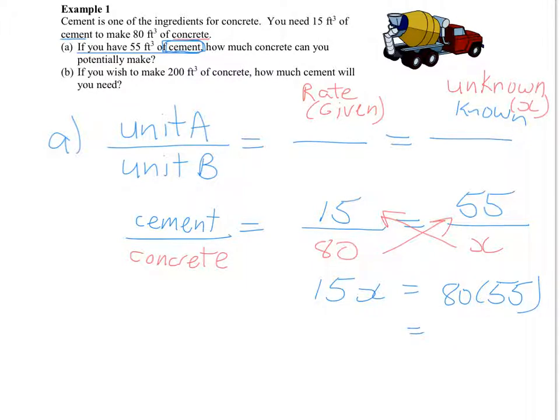So 80 times 55 is 4,400. You can use your calculator for this. And then we have 15x over here. And we know our last step: we have to divide by whatever is attached to x, so we divide both sides by 15. And when we do that, divide by 15, divide by 15.